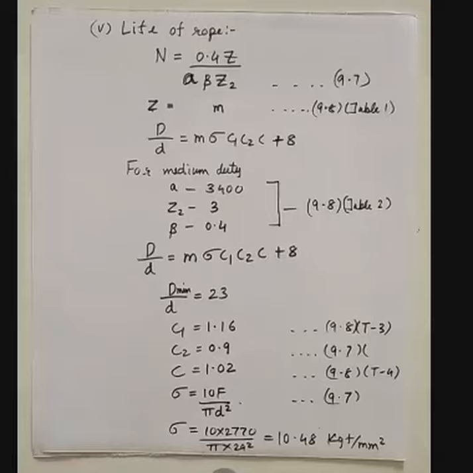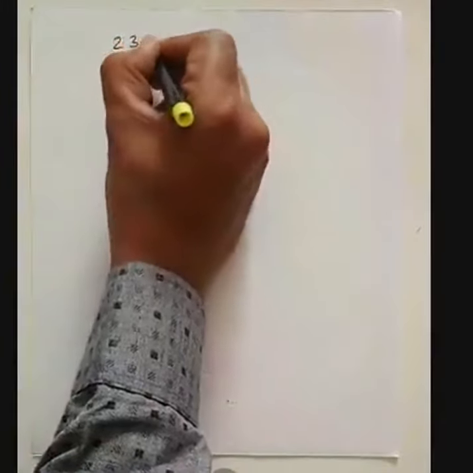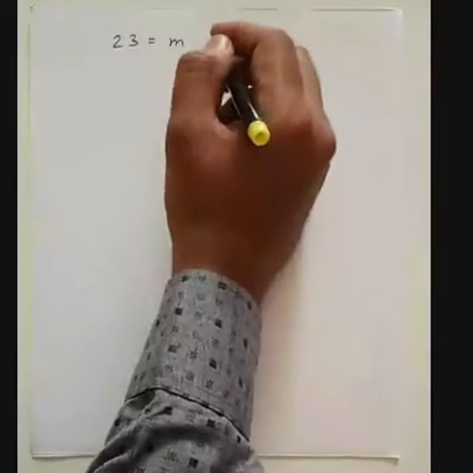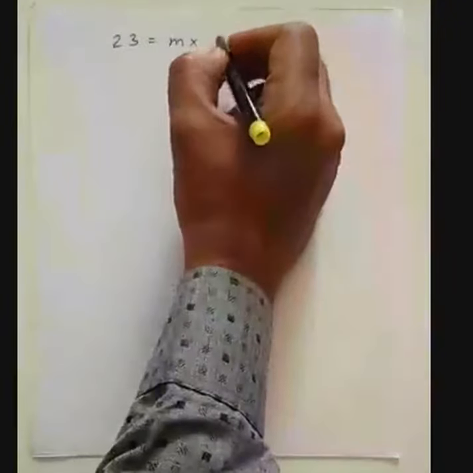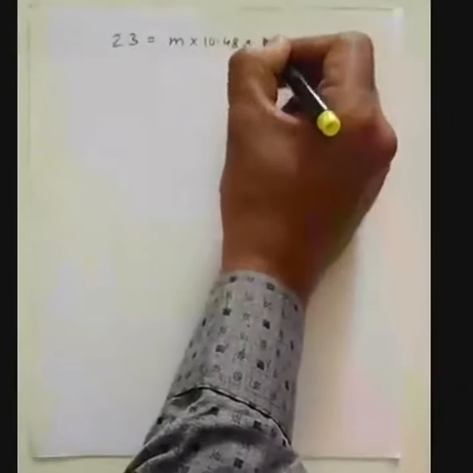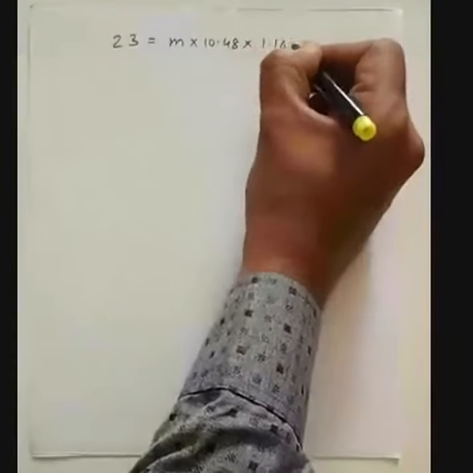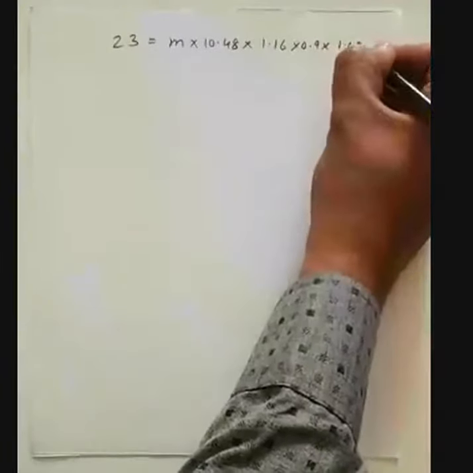First we want m. So D by d we know is 23. We don't know m. We have 10.48 as sigma, C1, C2, C plus 8.